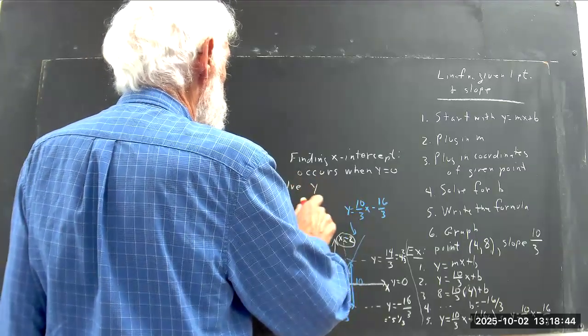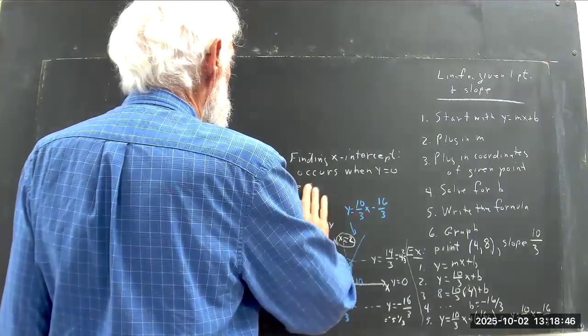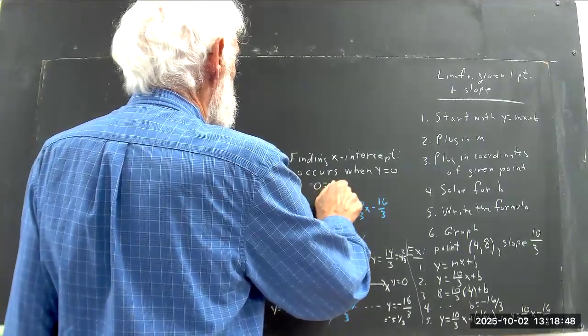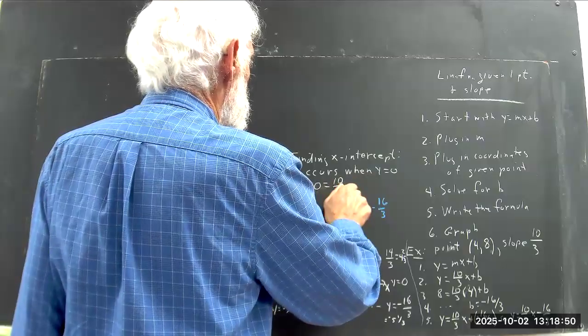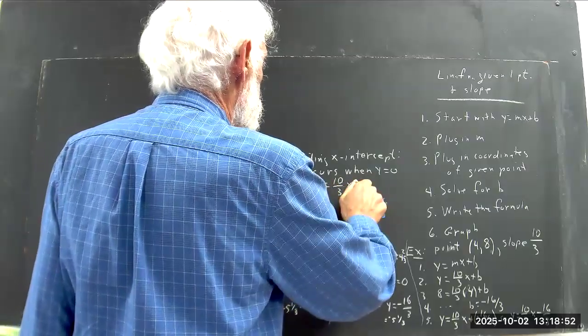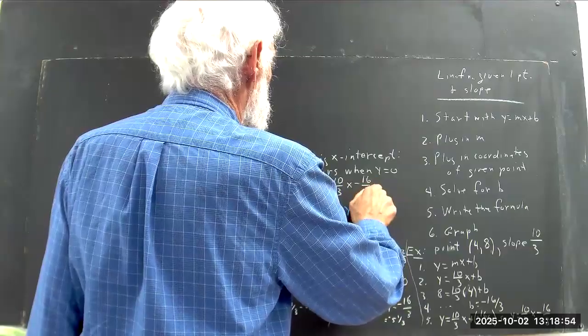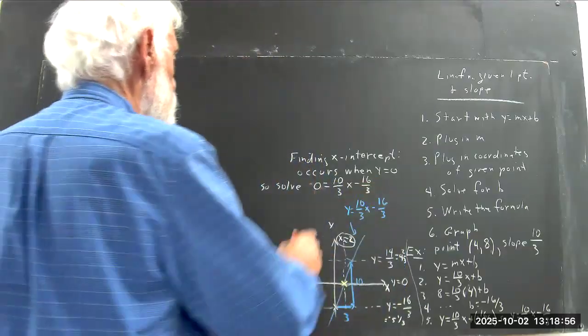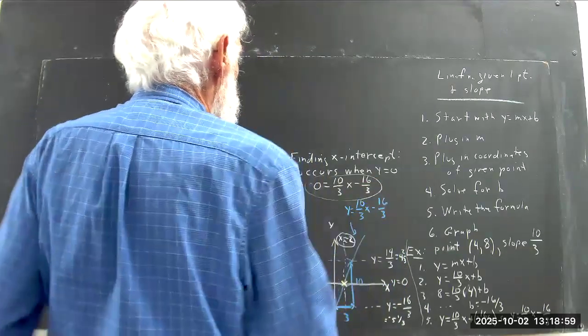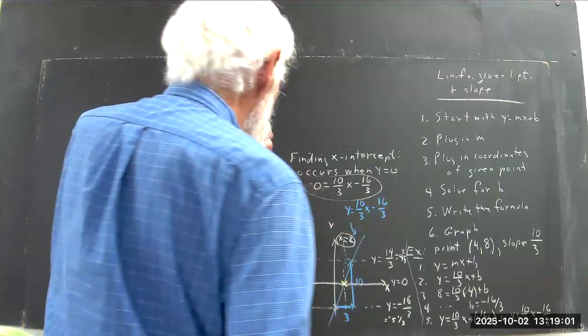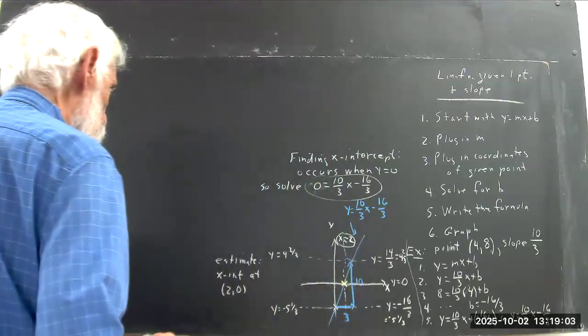To solve, y equals 0 equals 10/3 x minus 16/3. That'll give you the actual x-intercept.